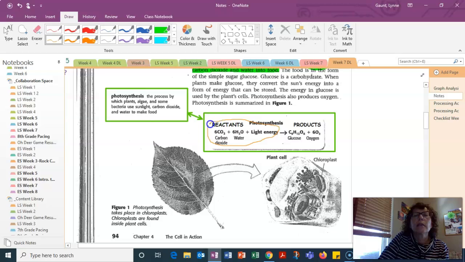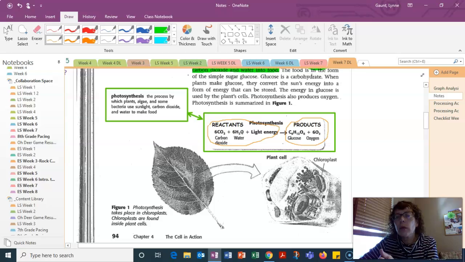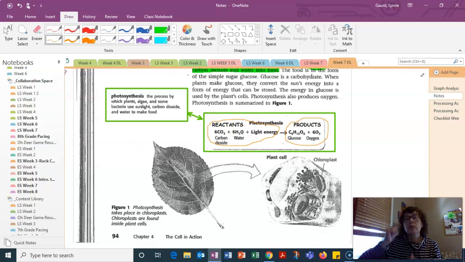These are reactants. And then I'm going to use my same tool and draw a circle around the products. These are the products. There we go. So the reactants are the things that go into the chemical reaction, and the products come out. That's going to be important for us to know later.